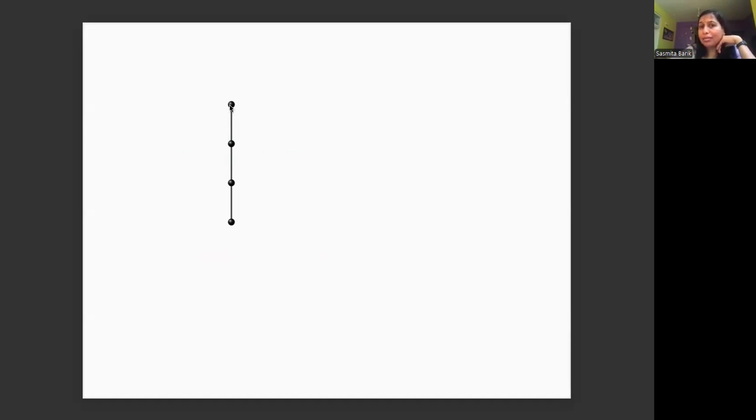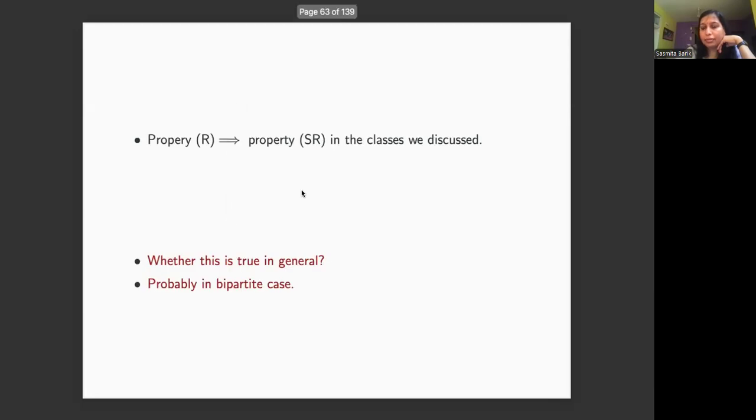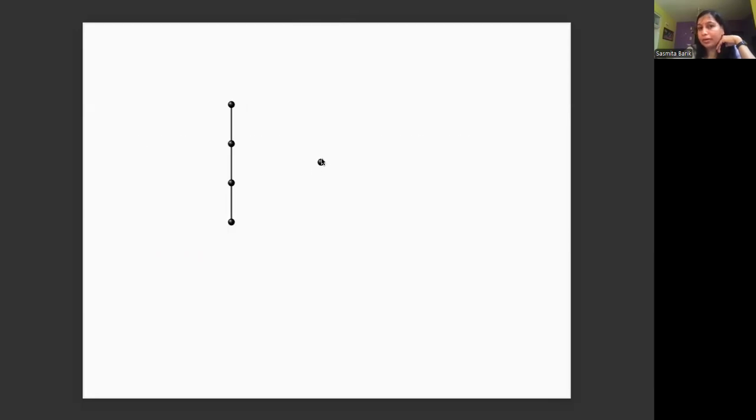You take a path of order 4 and take another vertex here, a singleton vertex or K1 you can think, and then join it to the path. Now what you do is take another pendant and add it in this part.